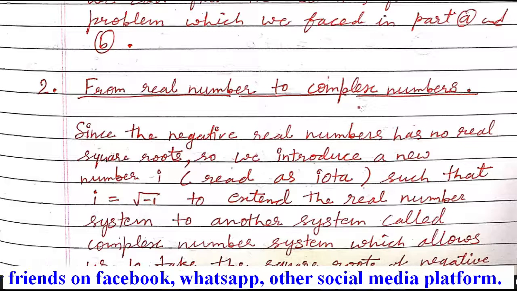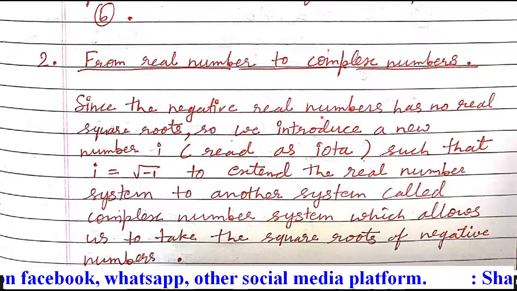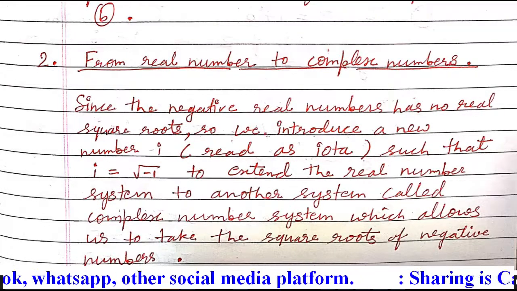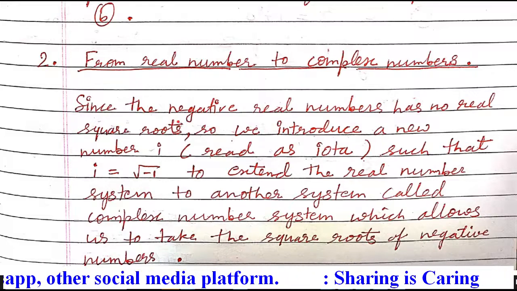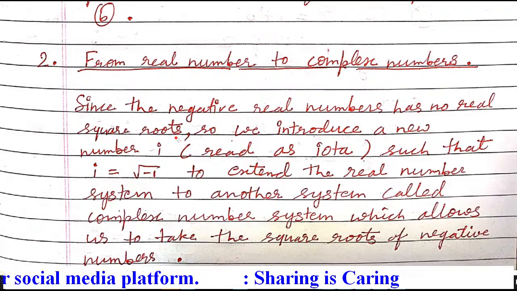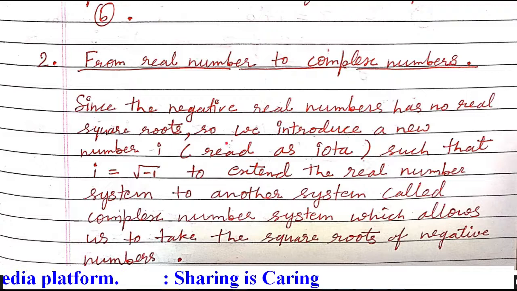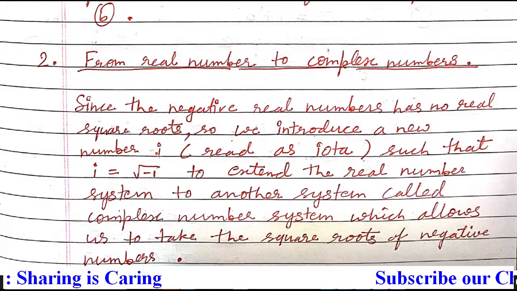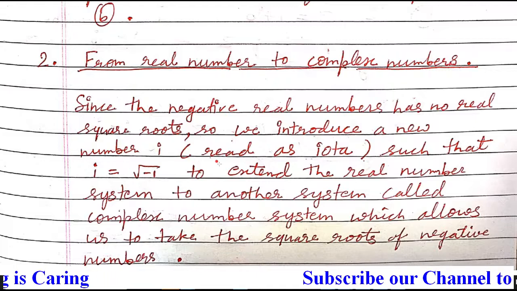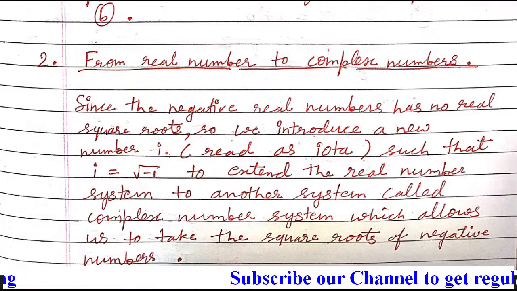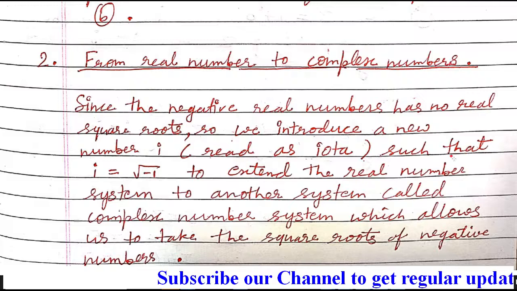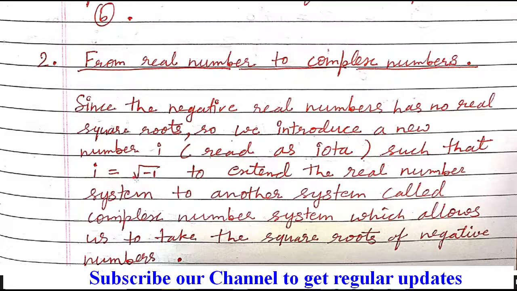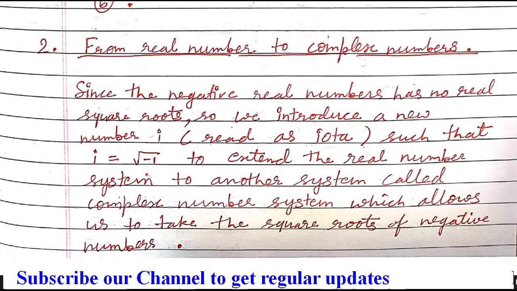Since negative real numbers have no real square root, we introduce a new number named iota, written as i, read as iota, such that iota's value is square root of minus 1.